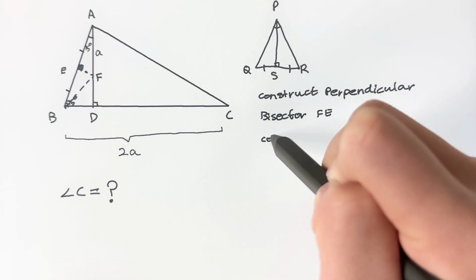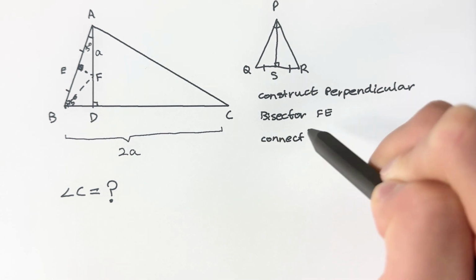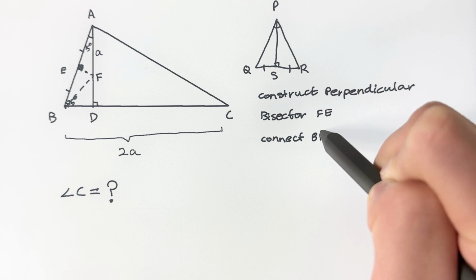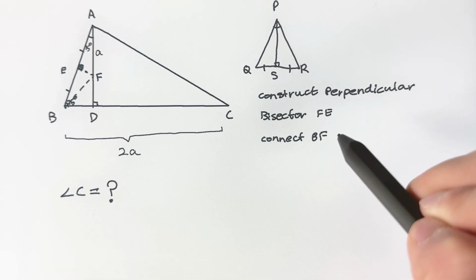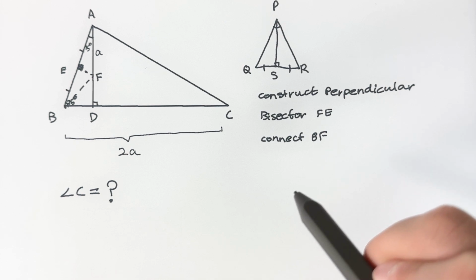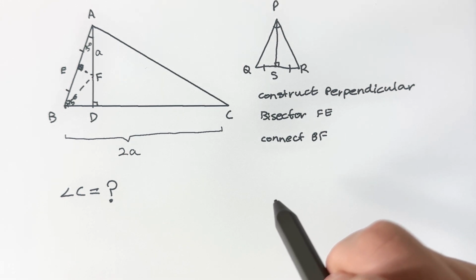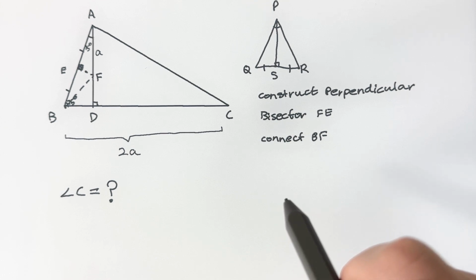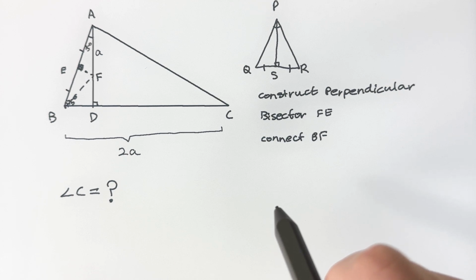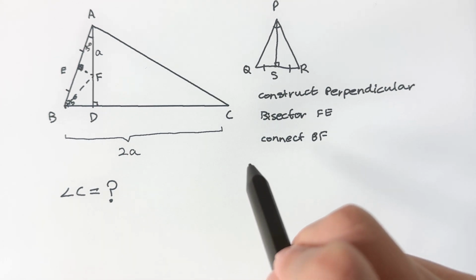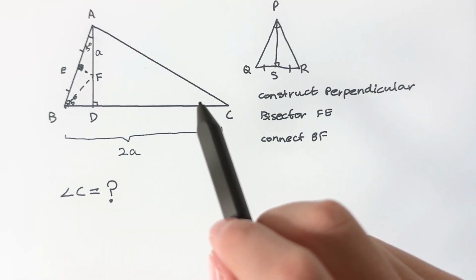Then connect BF. Now, we have to prove that triangle ABF is an isosceles triangle using the fact that FE is a perpendicular bisector. So we need to prove that AF equals BF.